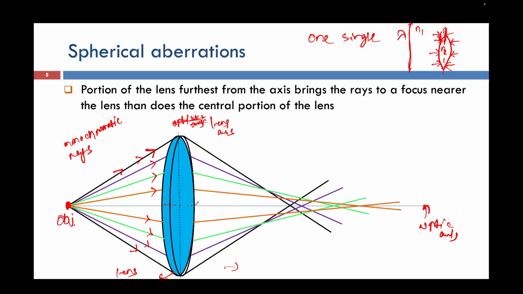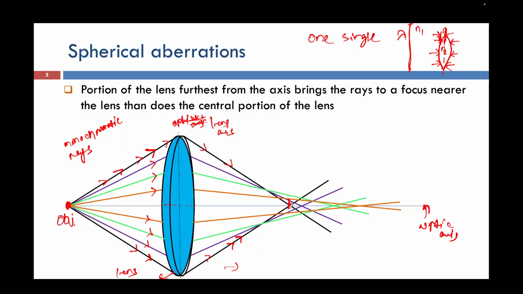Just follow this one, it is getting refracted, and after refraction it has been focused somewhere here. From this side also, same thing, it has been focused somewhere here, right?